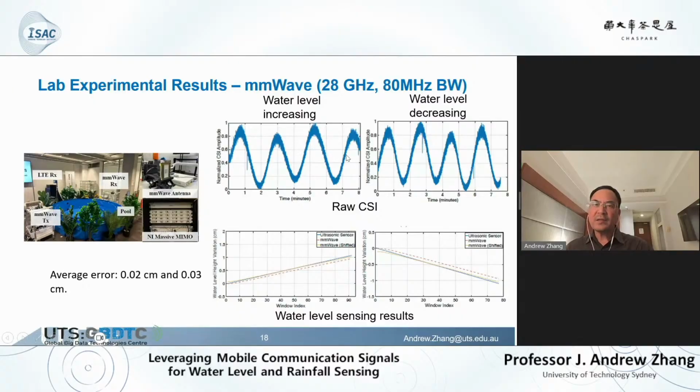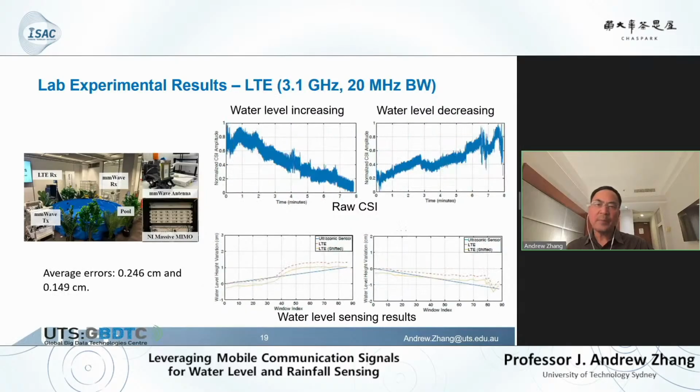So it validates what we mentioned earlier by the theoretical results. And using the technique I just described, we can achieve very accurate estimation for the water level, less than 0.02 centimeter. So for the millimeter wave system, we can achieve very high accuracy.